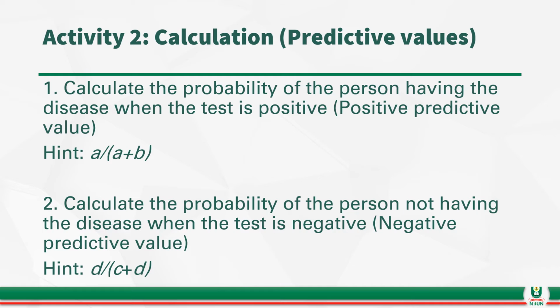That is what it means. And calculating the probability of the person not having the disease when the test is negative is negative predictive value, which is true negative over false negative plus true negative. All the negative results. That is what it means from the table.